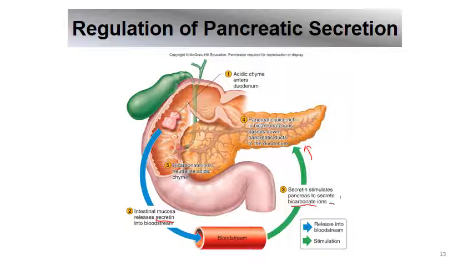The bicarbonate ions are a base, alkaline, so the opposite of acidic. So now the pancreatic juices contain more bicarbonate ions, and this is to neutralize the acidic chyme that is going into the small intestine.